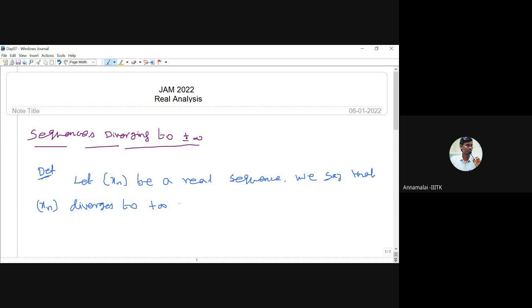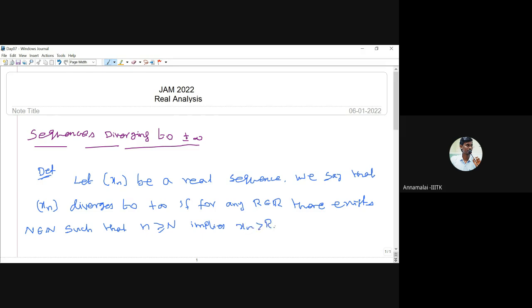if you take any r in R, there is an n in N, that is, there is a stage capital N in N such that after this stage, if you take any n greater than or equal to this capital N, implies these xn's are bigger than this r.